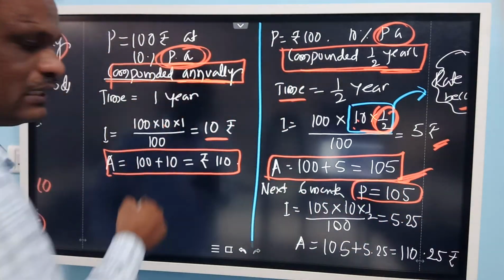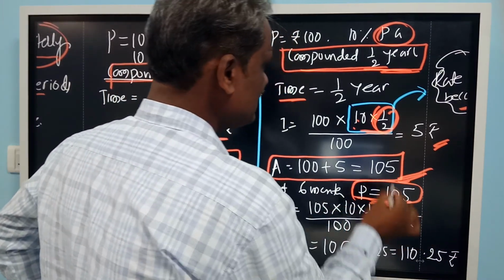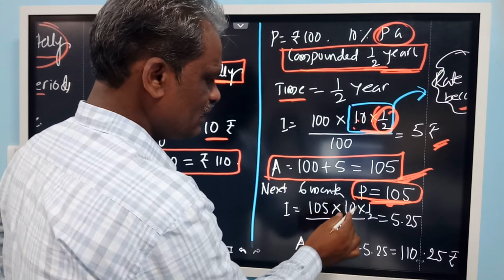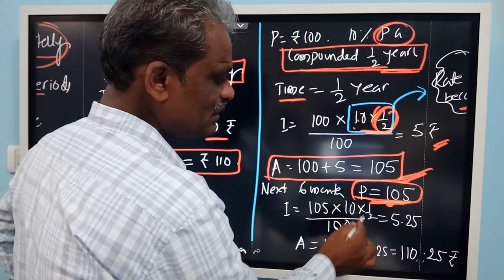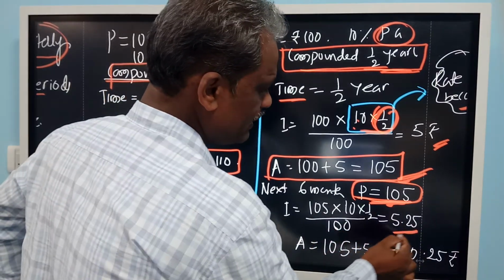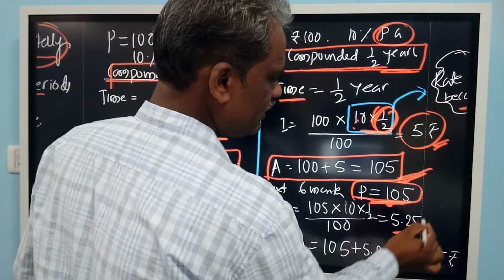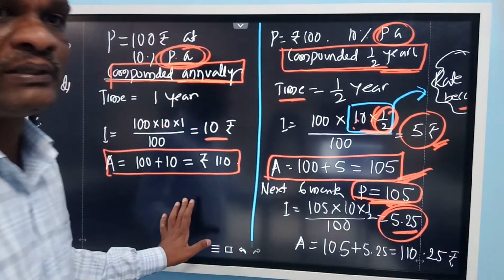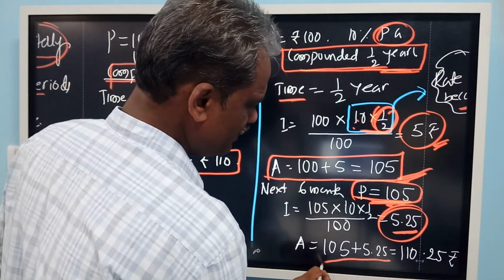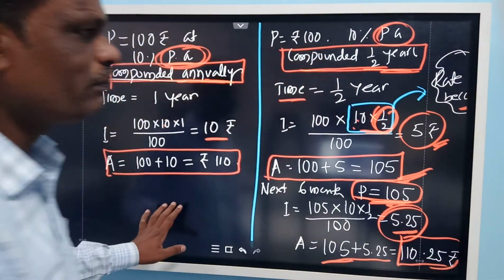Here you see, 100 only, after the annual calculation. In the next 6 months the principal is changing because it is a compound interest calculation. P is 105, rate of interest 10, and because of half yearly calculation, 1 by 2. If you simplify this, you get 5.25. Here you got 5 rupees for the first 6 months, and you are getting 5.25 for the next 6 months. So the amount is 105 plus 5.25, it is 110.25.